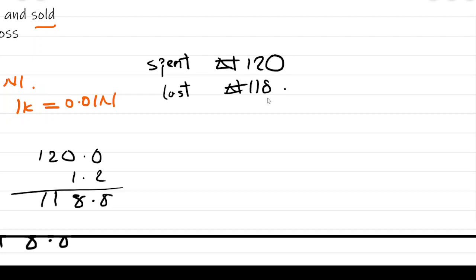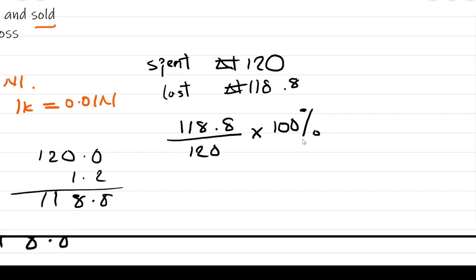So your loss percentage is 118.8 all divided by 120 multiplied by 100%. So this is the loss percent. If we plug in this, we can simply cross out the 0 here and some 2 here. But you can do that on your own while I plug it into my calculator and see what it gives me for the sake of time.